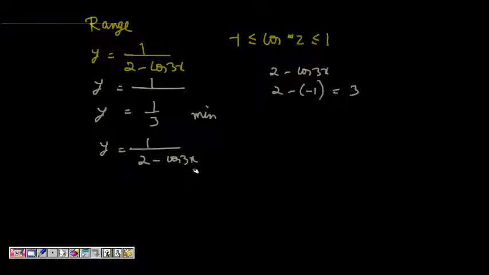This is minimum when cos 3x is 1, so 1 by 2 minus 1, which is 1. Okay, so the range of this will be what? So 1 by 3 to 1. Okay, so this is the range of this function y.